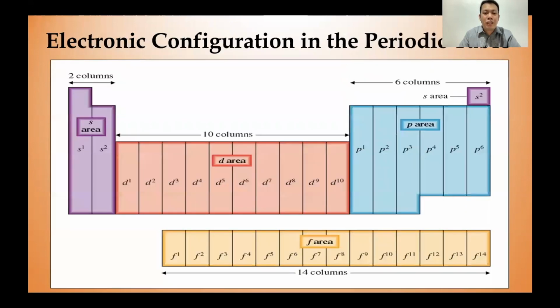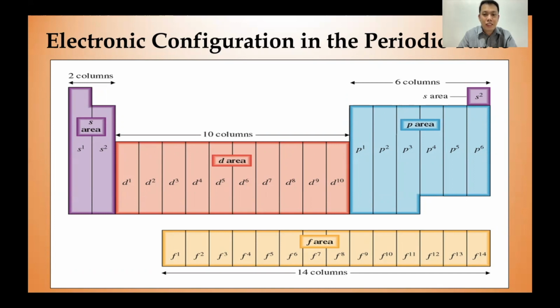This one will tell you the specific location or area for the s, p, d, and f in the periodic table. Those belonging to any subshell area will end with that subshell. For example, the purple one, the s area, will always end with s. It could be 1s, 1s2, 2s2, 2p6, 3s2.